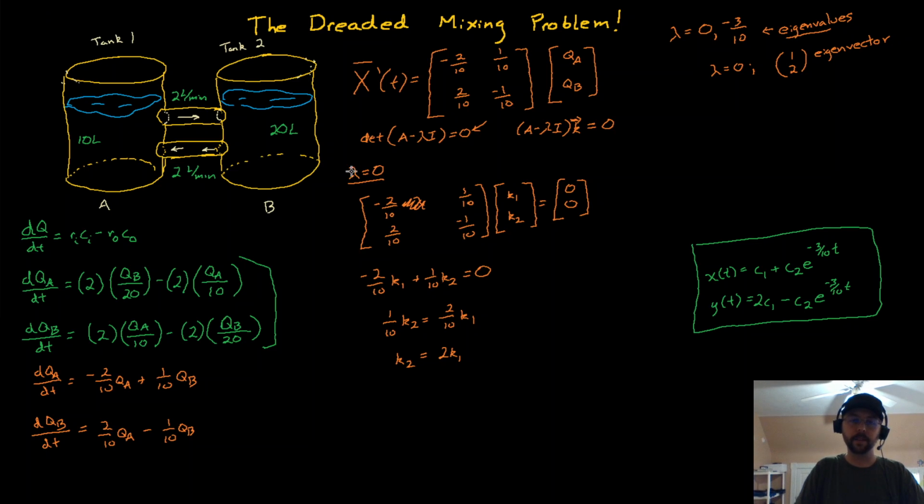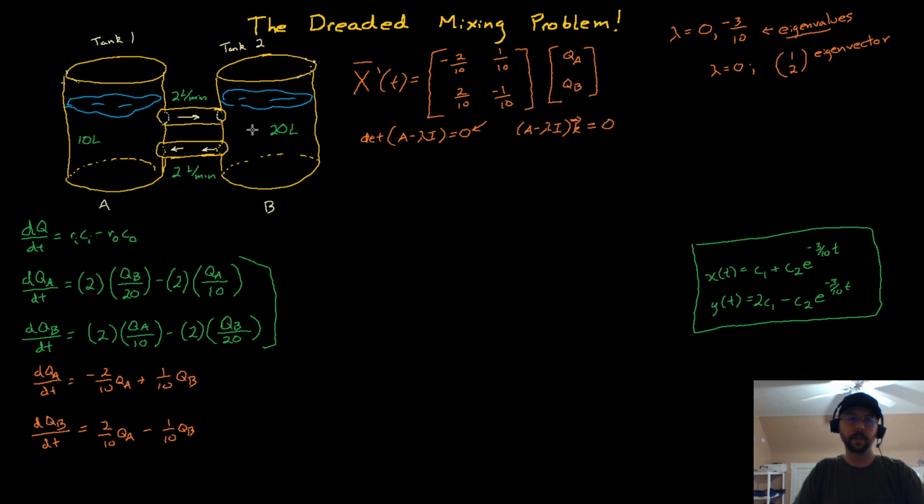All right, so let's do the other eigenvalue. This is lambda equals -3/10. This time I need to remember to subtract. So we have -2/10 minus -3/10, which is going to be a +1/10. The bottom number I'm not worried about because I'm not going to use it.